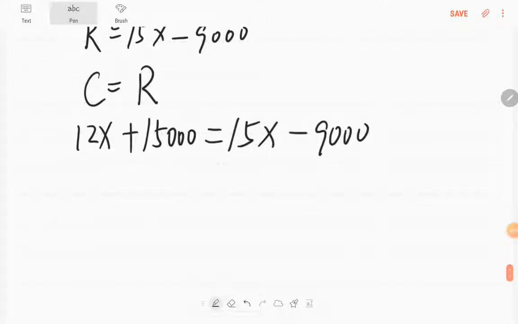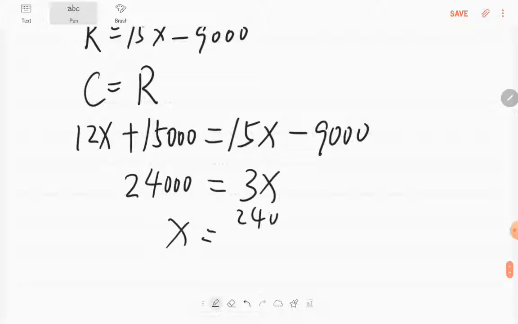We subtract 12x on both sides and add 9,000 on both sides. You have 24,000 equals 3x. So x equals 24,000 over 3, which is 8,000. So 8,000 would be the break-even.